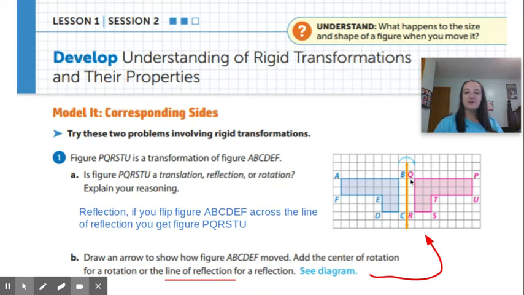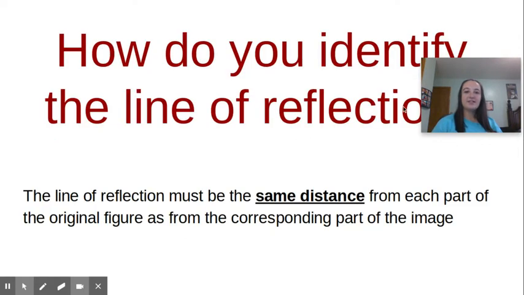Q is also 1 unit away, so they are the same distance from our line of reflection. A is 8 units away from our line of reflection, and P is also 8 units away, which means that we know those are corresponding parts. So again, identify the line of reflection by saying it must be the same distance from each part of the original figure as the corresponding part of the image.